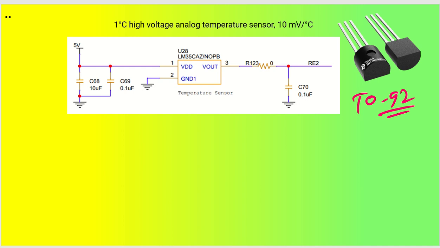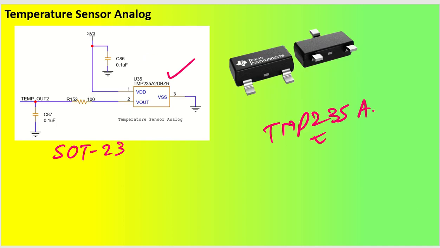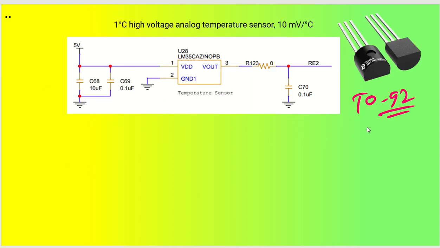So instead of using the TMP series I just told you about, which is a SOT23 package, generally you want to go ahead with the TO92 package. It is connected directly to the 5-volt supply, one pin is ground, and the output is directly connected to RE2, which is going to be an ADC pin.